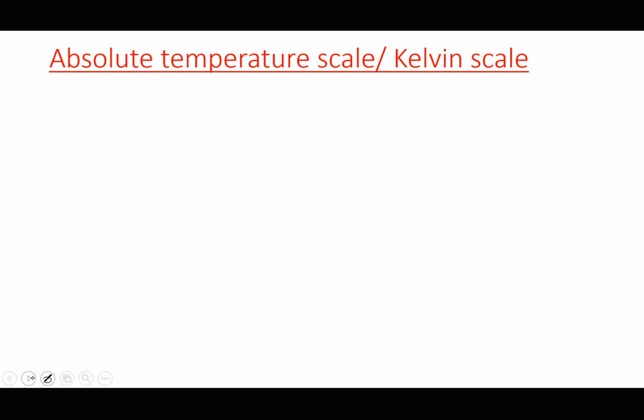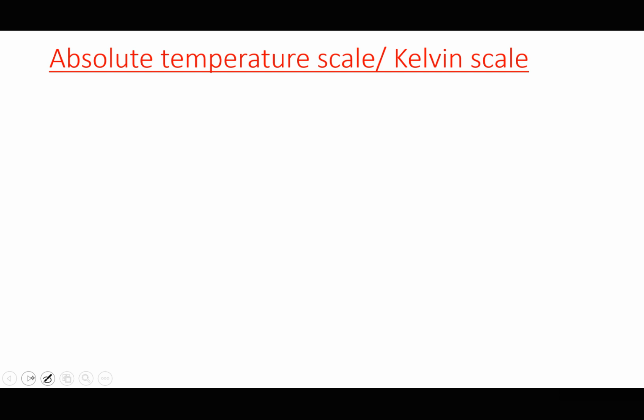So what makes this unique? What makes it a different scale? By the way, the thermodynamic scale is a better scale than the centigrade scale, simply because one of its fixed points is called the absolute zero.